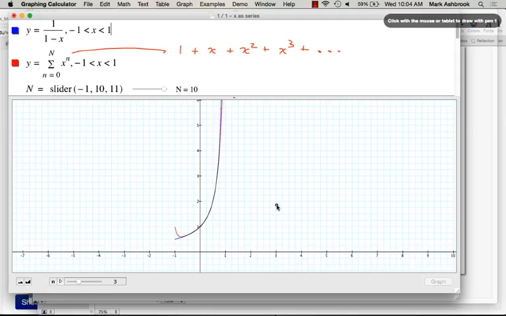So this is showing how that power series is converging on the actual function we started with, 1 over 1 minus x. That's pretty good. There's the fifth partial sum, so that's a pretty good view of what's going on. Does it make sense?